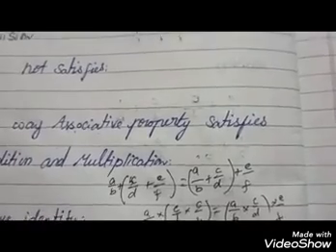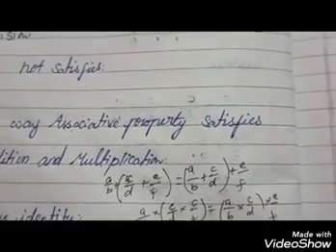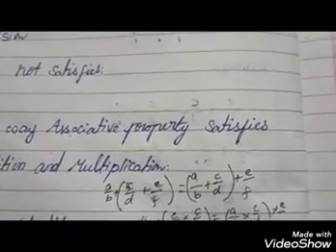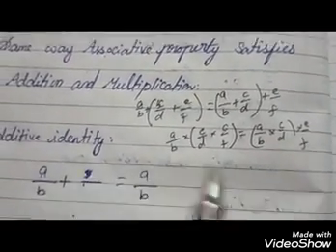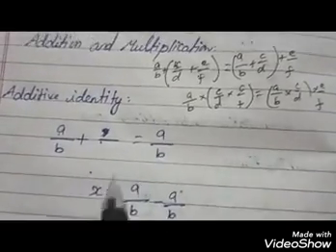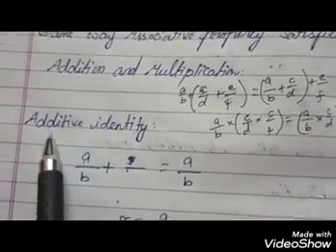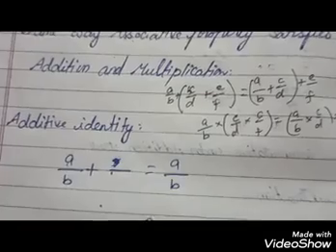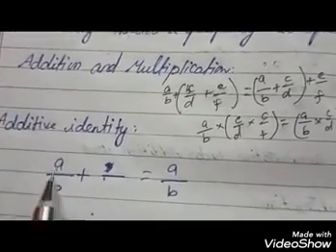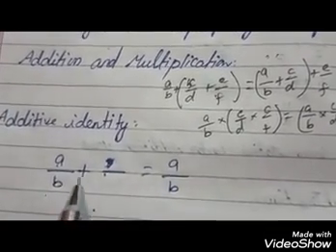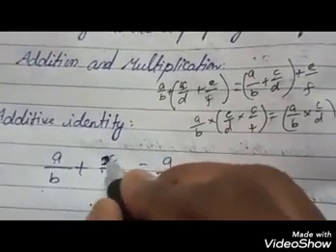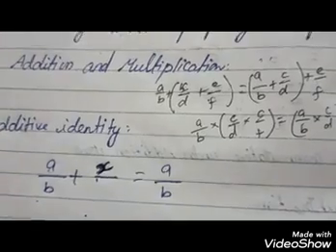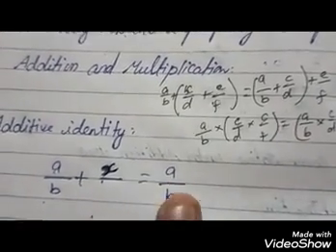Next we move on to additive identity, additive inverse, multiplicative identity and multiplicative inverse. So now I need to take additive identity. What is additive identity? I take a by b as one of the rational numbers. I need to add it with one number, which I take as x. We need to get the same number a by b.